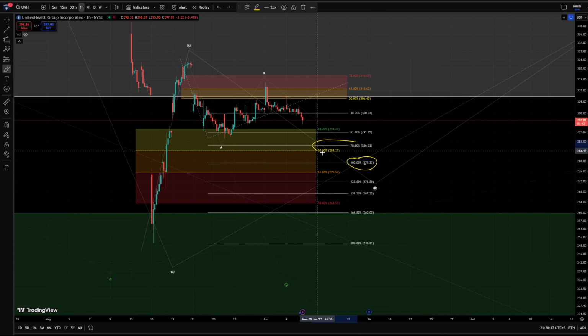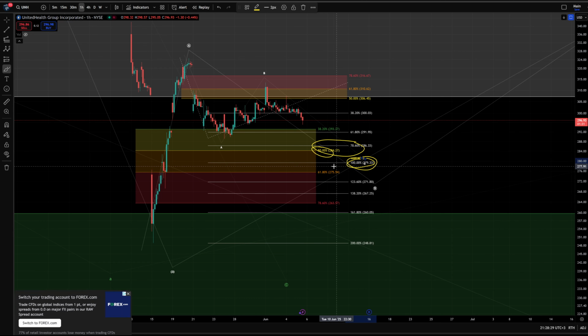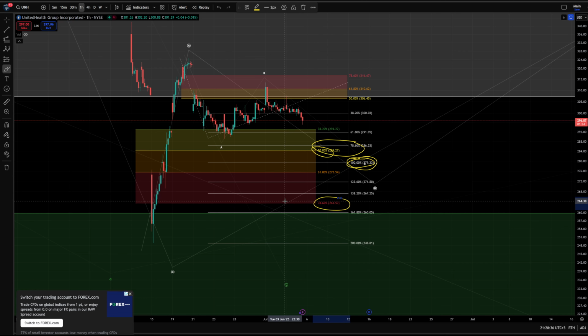It can stop at the 78.6% extension at the 50% retracement, or also it doesn't have to stop here at the 100% extension $279. It can get even lower, down to $263, and still be just as probable of a successful trade.